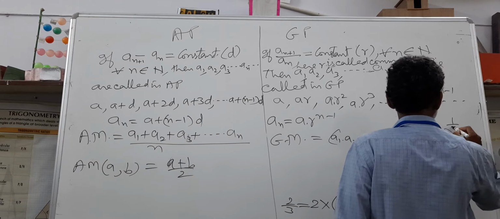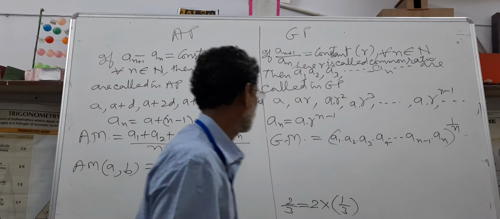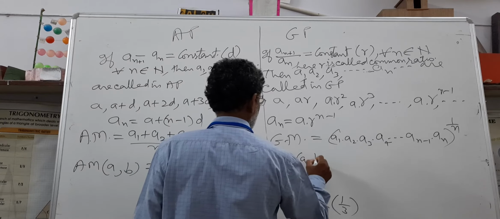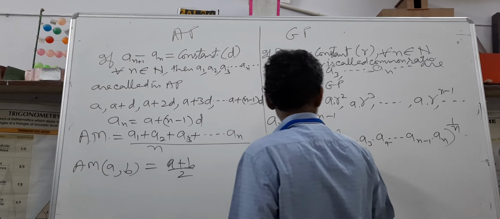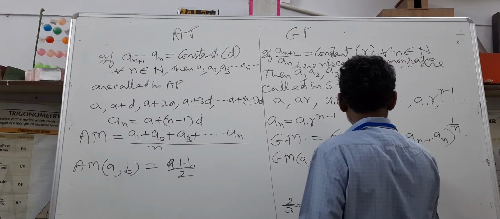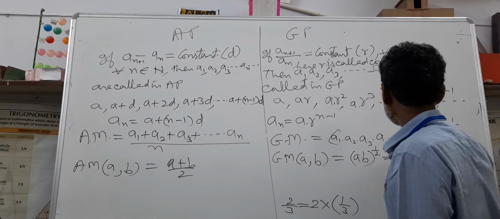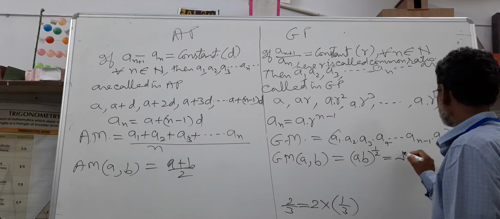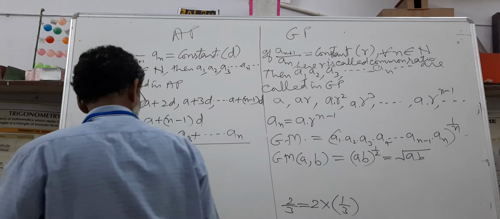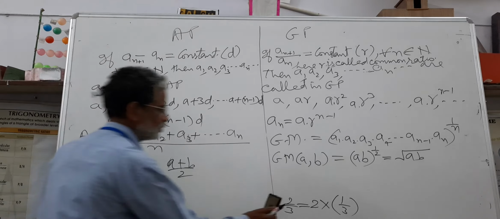Now GM, geometric mean of two numbers A and B, will be the product of these two numbers to the power 1 by 2, and power 1 by 2 is written as under root AB. This is GM.